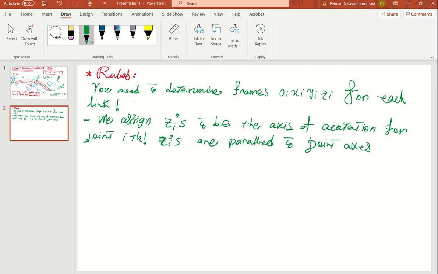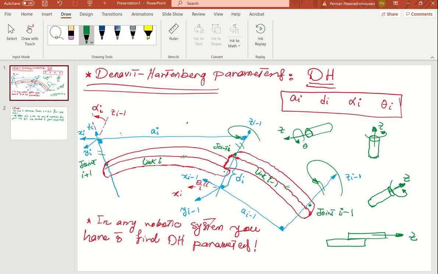I'm talking about the revolute joints. These are parallel to the joint axis. On the other hand, if I want to magnify this, I'm taking this out. So this is the actuator, exactly like this. See, this is the DC motor. So that's why this is z i minus 1. Understand? The actuator here is like that.